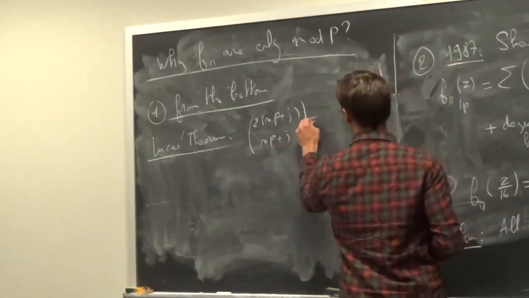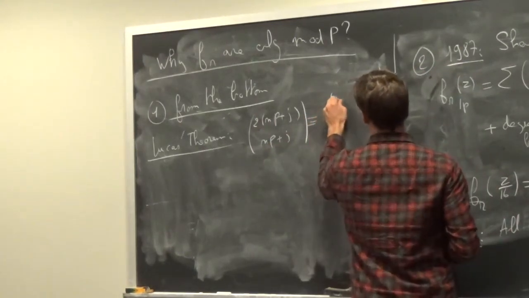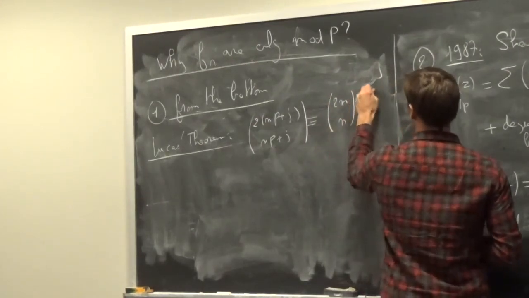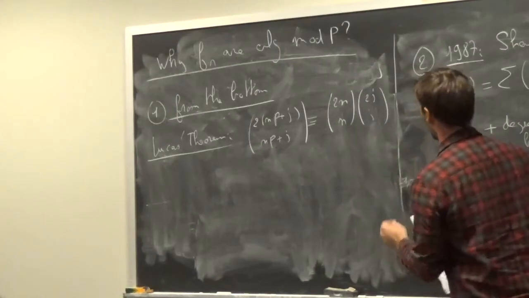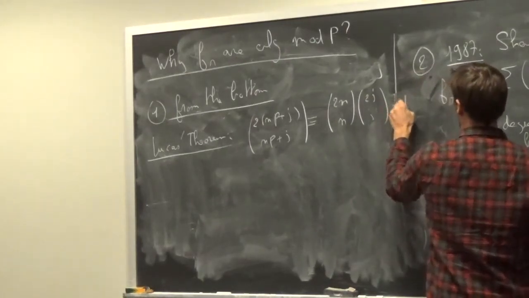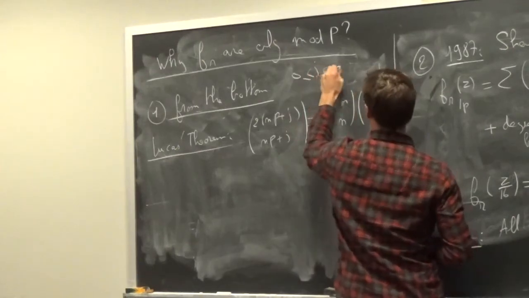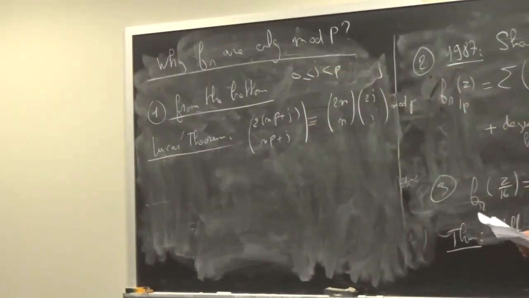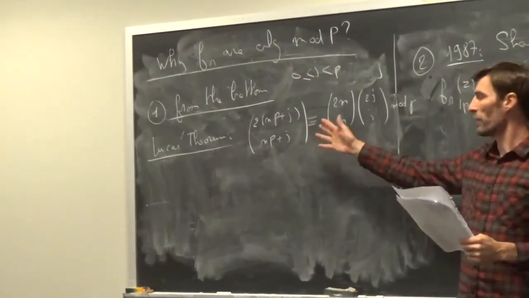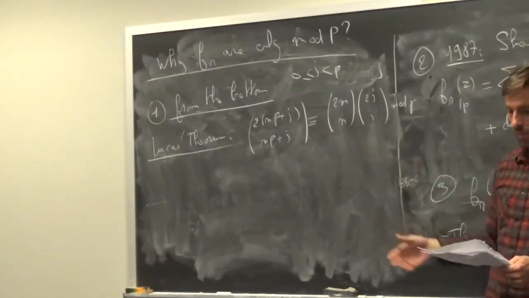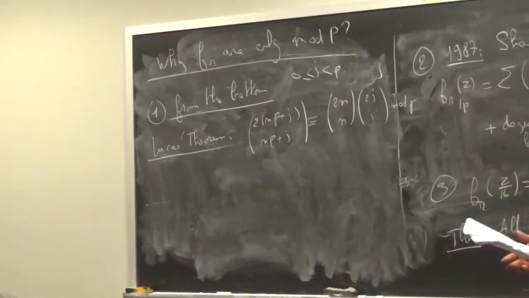So this is congruent to the binomial of 2n to j. And here j is between 0 and p minus 1. We fix a prime number, and Lucas theorem is just a bit more general than this, but it gives you this congruence. Okay, it's a very old result, easy to prove.